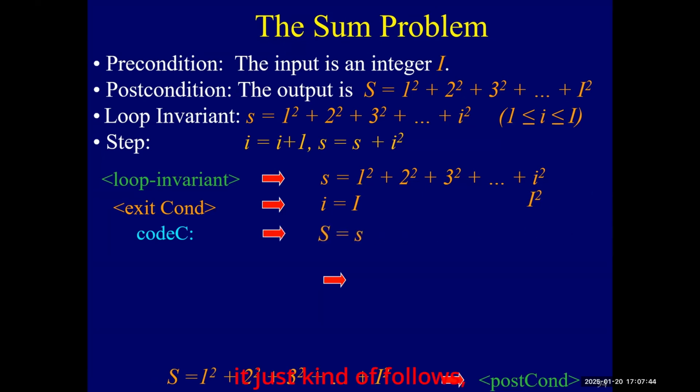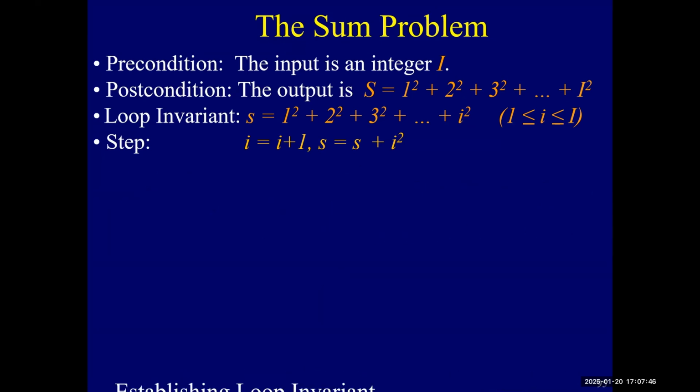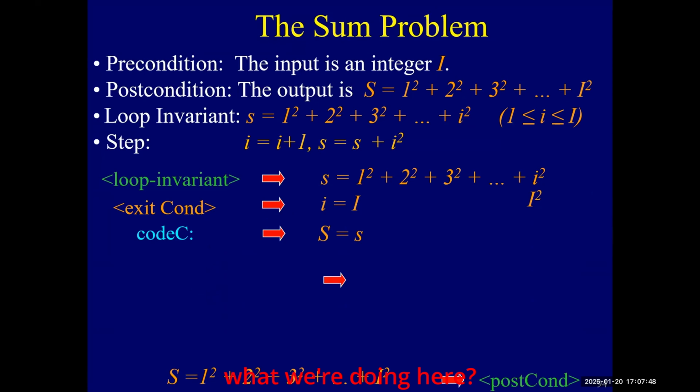So it just kind of follows. Everybody sort of see what we're doing here? Again, my 3101 slides are longer than this, but maybe you don't even need longer. In the 3101 slides, it helps us design the exit condition.